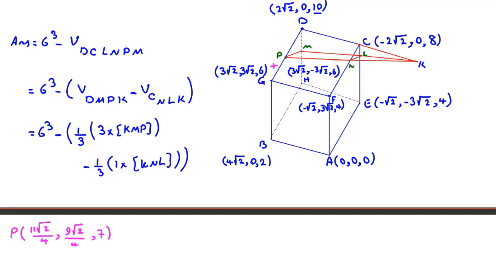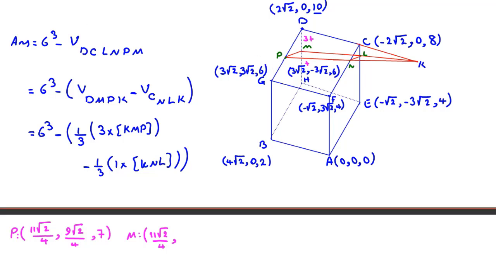Now let's erase this part. We found P like this. For M, 10 minus 7 is 3t again, 7 minus 6 is 1t again. If you want to find M, let's calculate: 3 times 3, 9 root 2, plus 1 times 2 root 2, 11 root 2 over 4. Why do we say over 4? Because the sum of the coefficients equals 4.